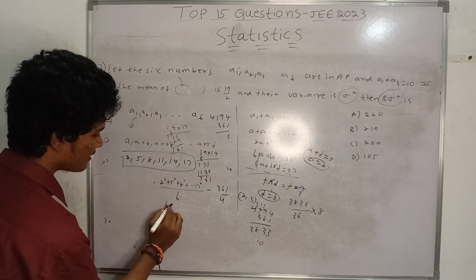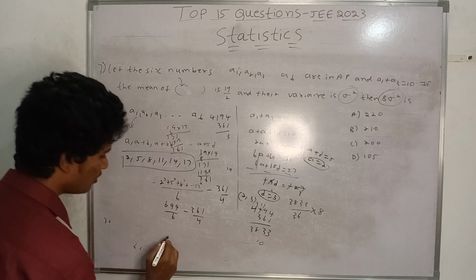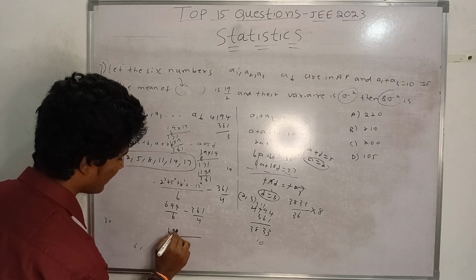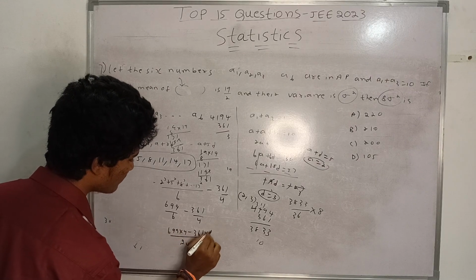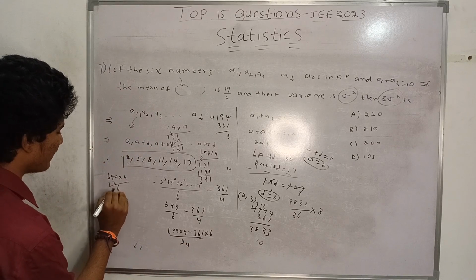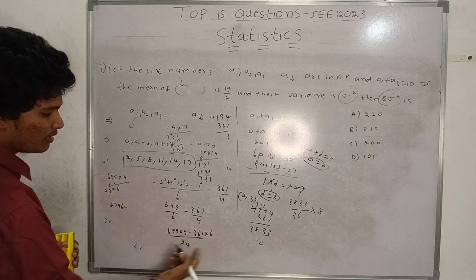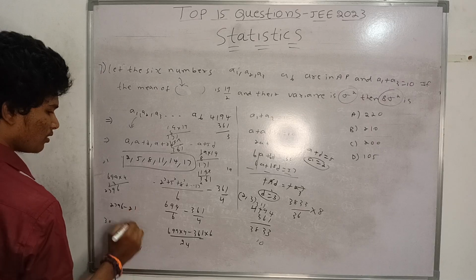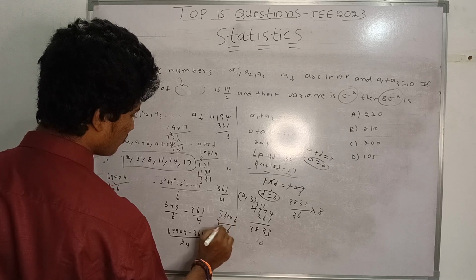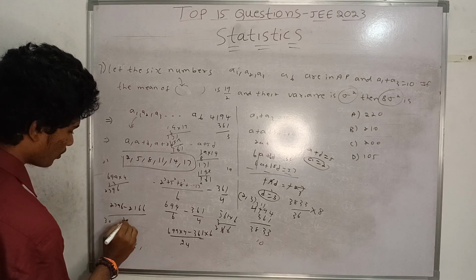What is the sum here? 699 divided by 6 minus 361 divided by 4. Simply how to solve this? The LCM is 24. So it is 699 into 4 minus 361 into 6. 699 into 4 is 2796 minus 361 into 6 is 2166, divided by 24.